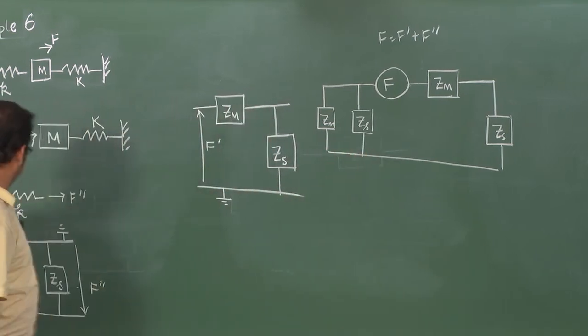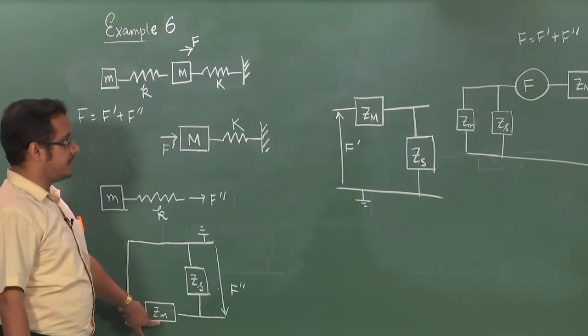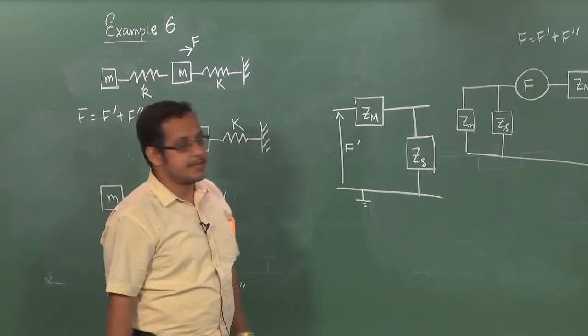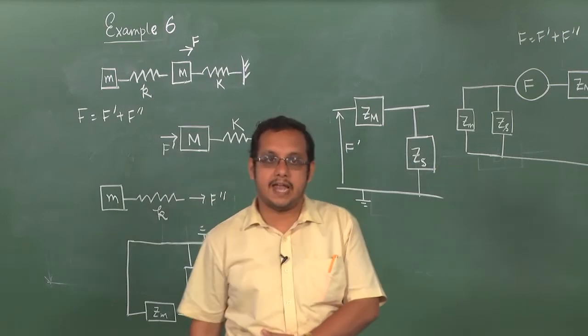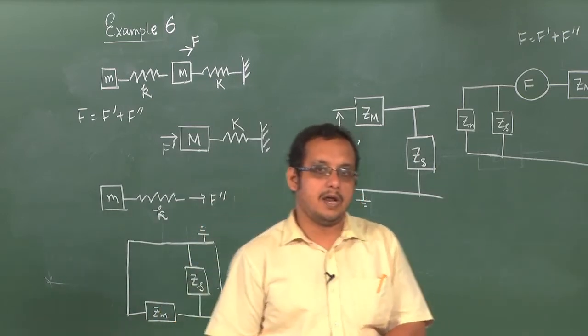Okay. So, this is Z small m, and that one is Z capital M. So, this seems to be the equivalent circuit of the dynamic absorber.